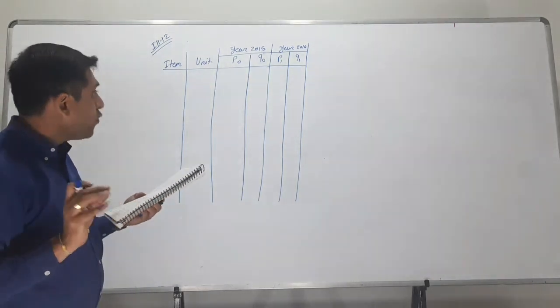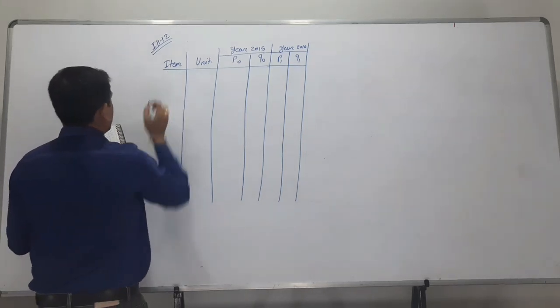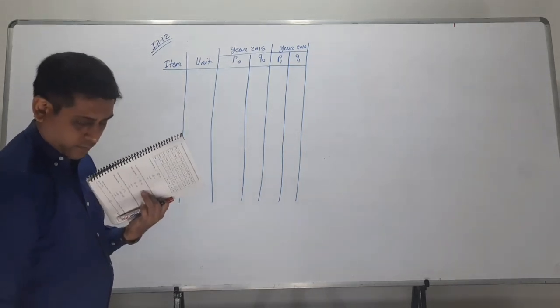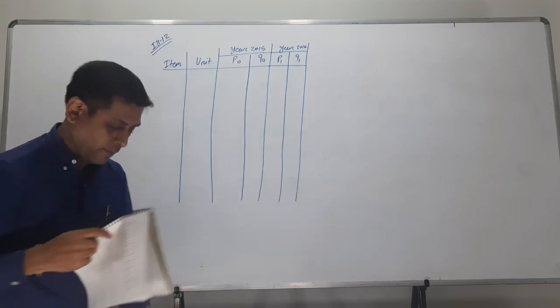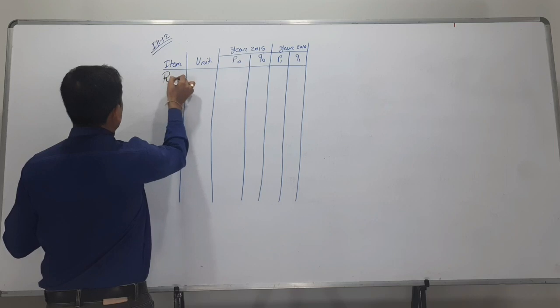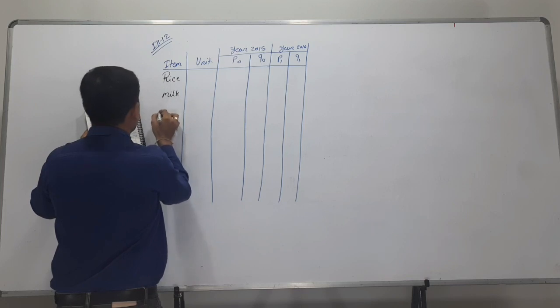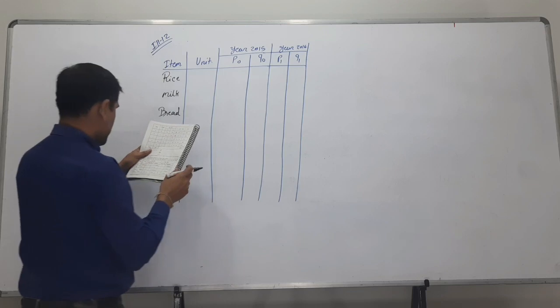Now see, whatever information is given, I am writing that first. Rice, then milk, then bread, then banana.